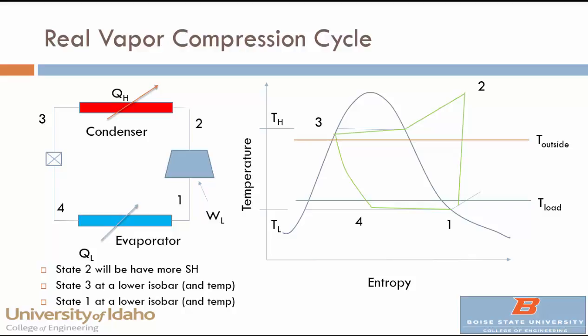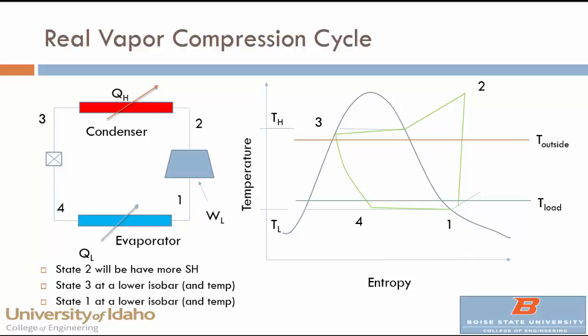There's pressure drop along both the evaporator and the condenser that is accounted for by the fact that we're now falling off of these isobars a little bit, and then the outside temperature and the load temperature are different from TH and TL, right? So those all give you an idea of the difference between an idealized and a real one.